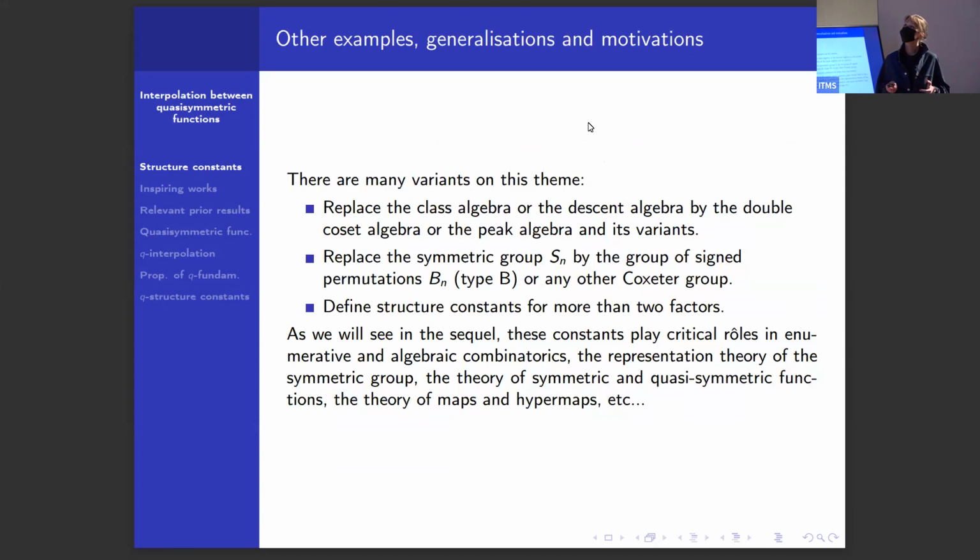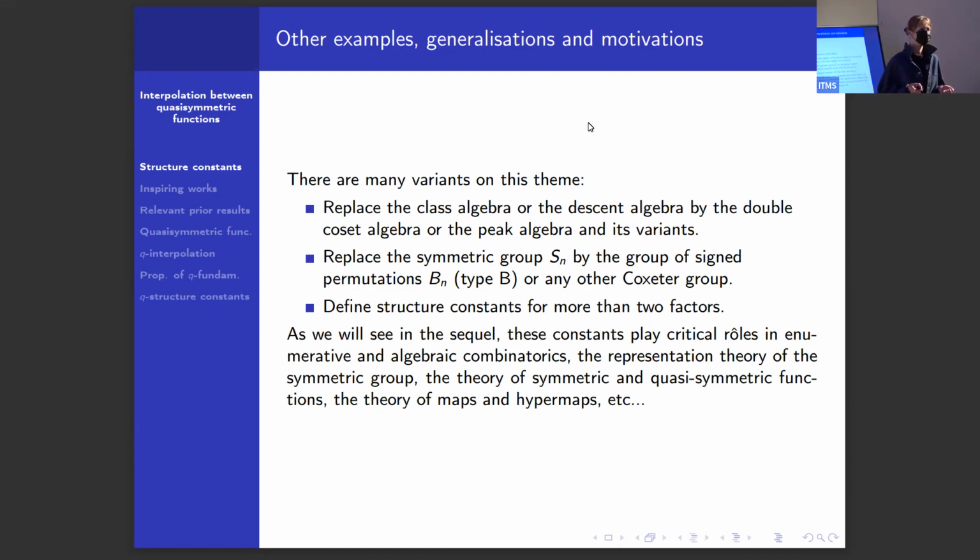So this subject admits many interesting variations. For example, we can study the peak algebra or the double coset algebra instead of the class algebra or the descent algebra. The symmetric group can be replaced by a group of signed permutations or any other Coxeter group. We also can define structure constants not only for two factors, but for many of them.